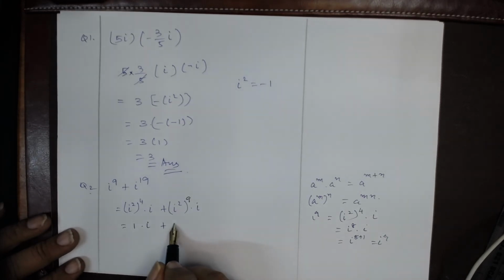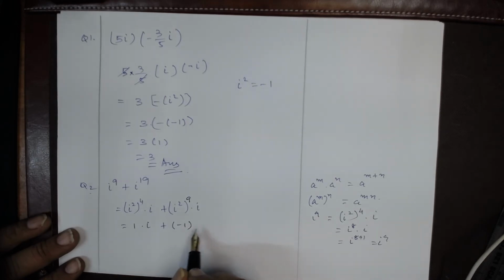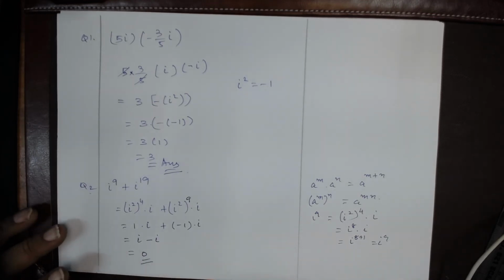So once again minus 1, so minus 1 into i. Okay, so i minus i, that is equal to 0. Got it? Good.